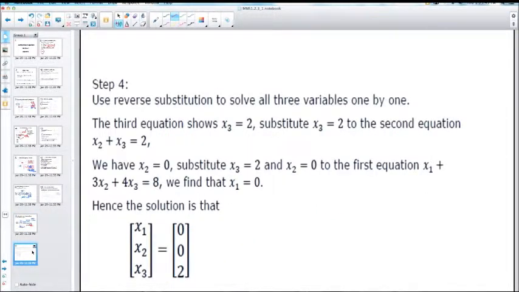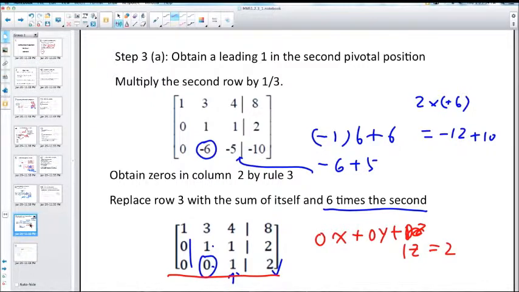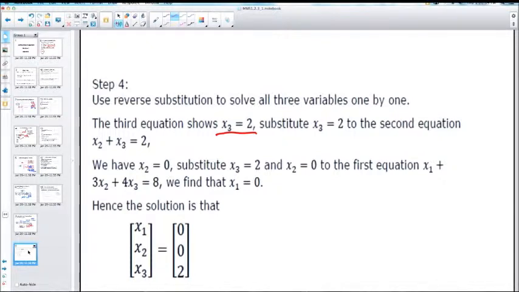Once you get z equals 2, now I call it x3. And then you substitute back into the second equation, which tells you x2 plus x3 equals 2. And then that means 2 plus x2 equals 0. Then you get x2 equals 0.